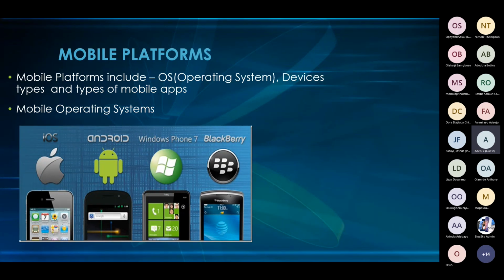iOS was established 29th June 2007 by Apple, and we all know these Apples and how they have always been updating the devices.